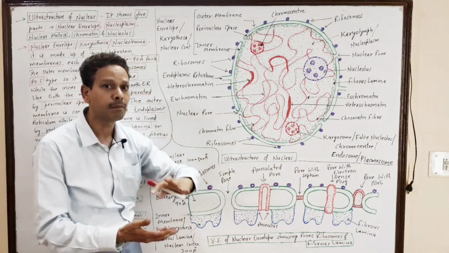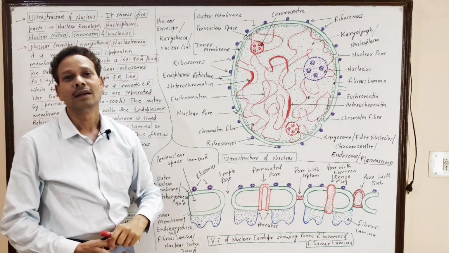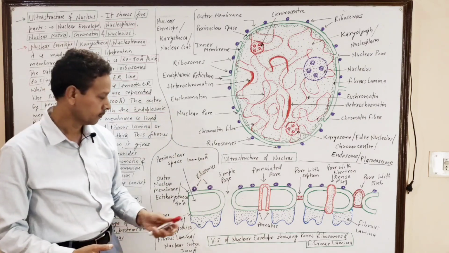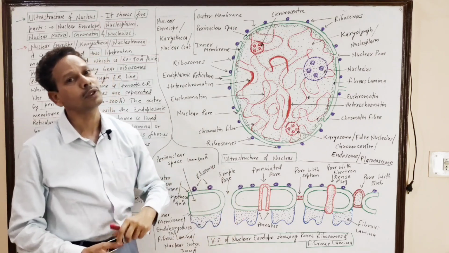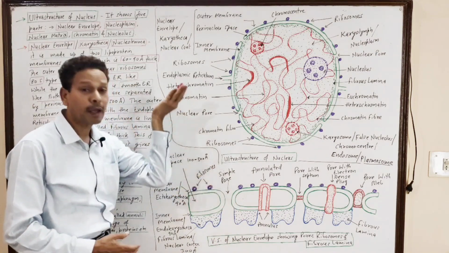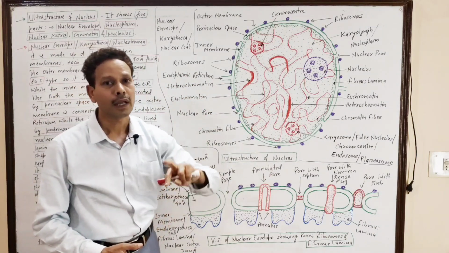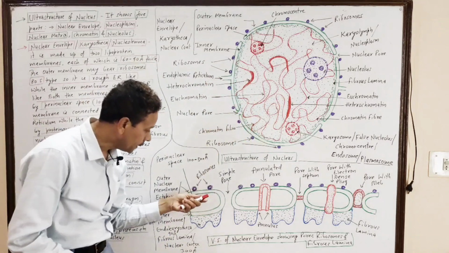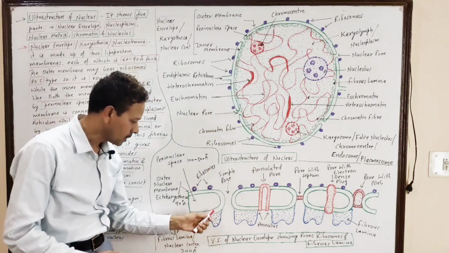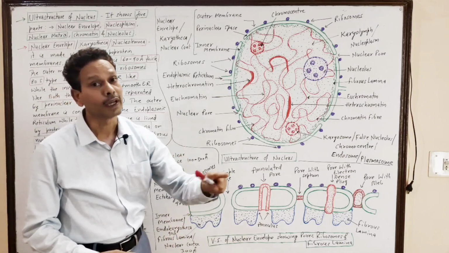This outer membrane resembles rough endoplasmic reticulum, while this inner nuclear membrane or endokaryotheca resembles smooth endoplasmic reticulum. This outer membrane remains connected with endoplasmic reticulum, and this inner membrane is lined by this fibrous nuclear cortex or nuclear lamina.